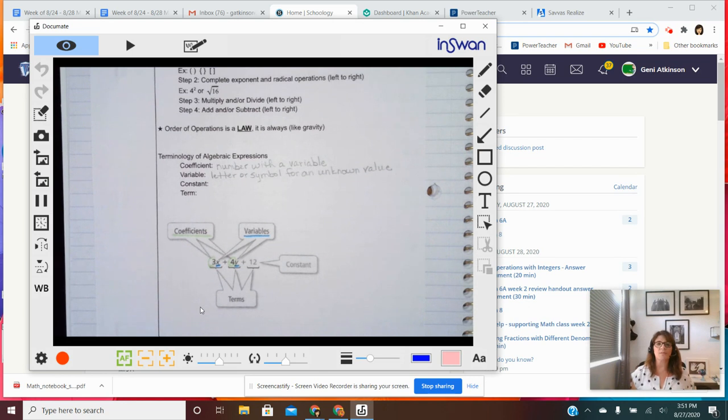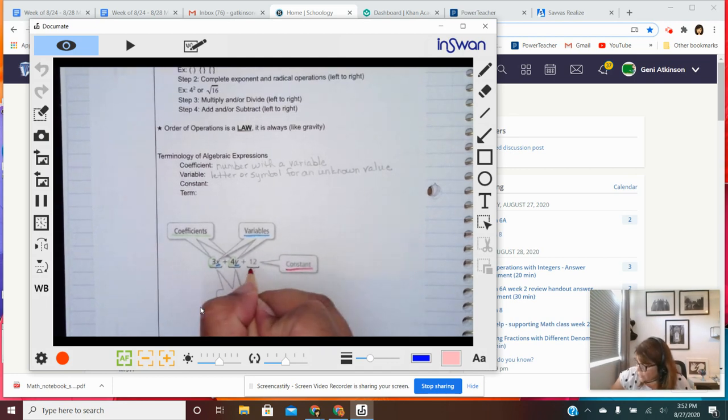We don't know what 3 times something is yet, but we know that x is standing in for it. Now, a constant is just like it sounds. It is a number with a constant value.